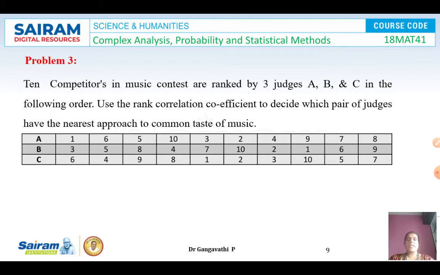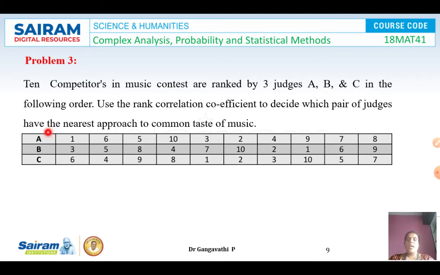Let us see another example. 10 competitors in a music contest are ranked by 3 judges, A, B and C, in the following order. Use the rank correlation coefficient to decide which pair of judges have the nearest approach to common taste of music. So there are 3 judges, A, B and C, and they have ranked 10 students who have performed well in the music contest.